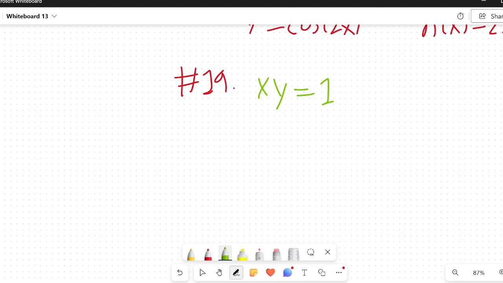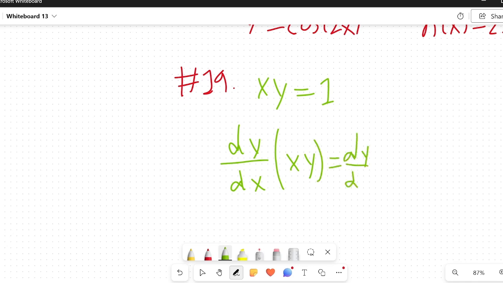So how this works is that we are essentially going to use chain rule in order to solve this. Chain rule can be extended to implicit differentiation, and in fact, this is just a form of chain rule. But essentially what we are going to say is if we find dy over dx of xy equals dy over dx times 1, so this doesn't even matter.